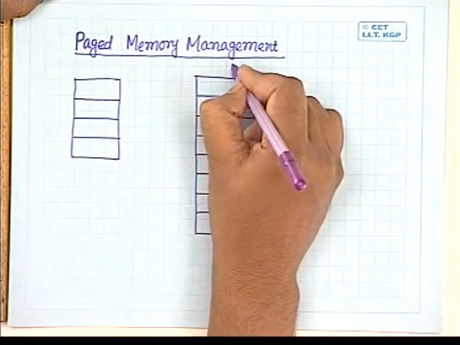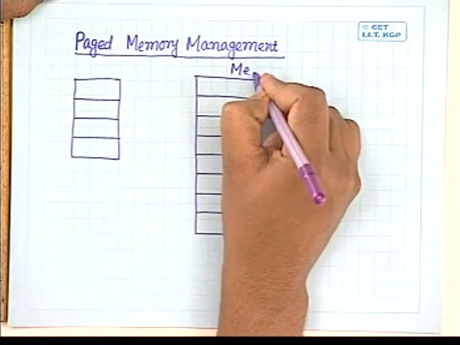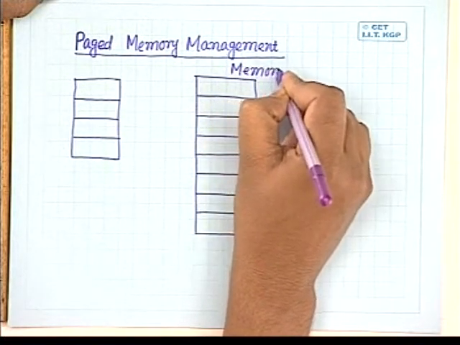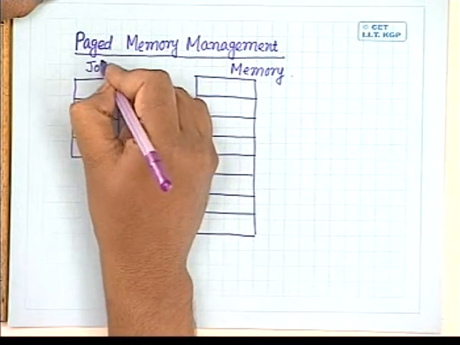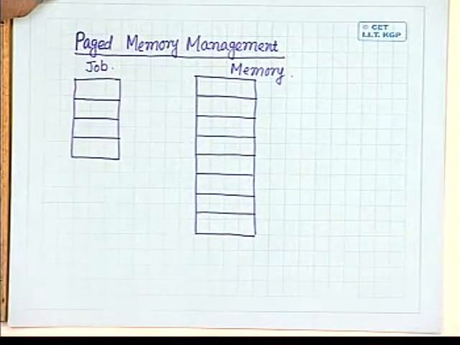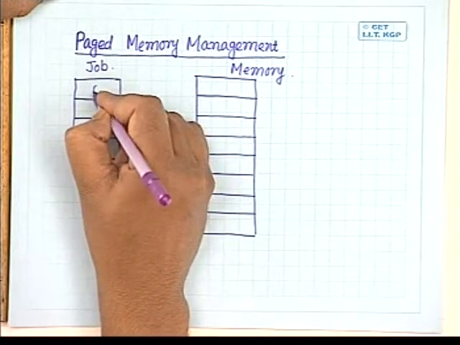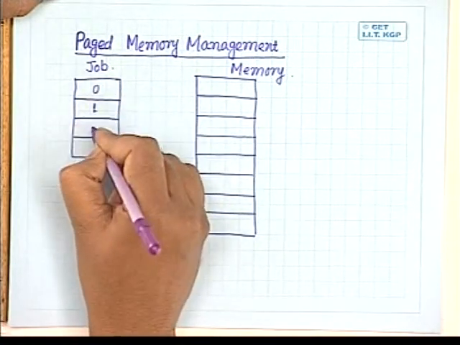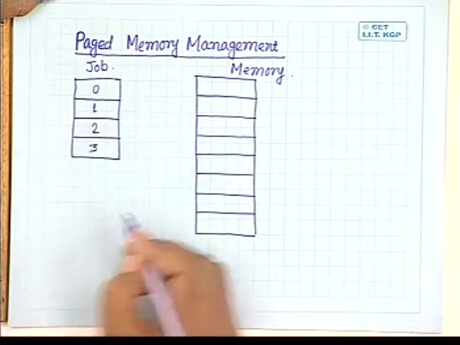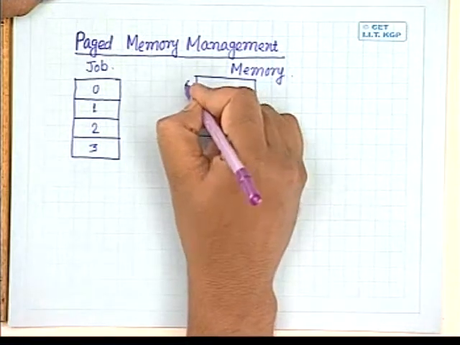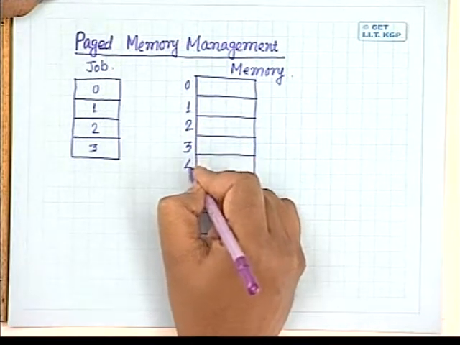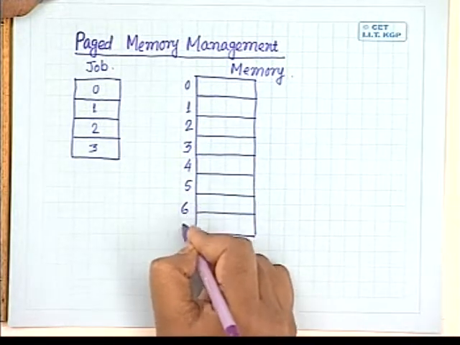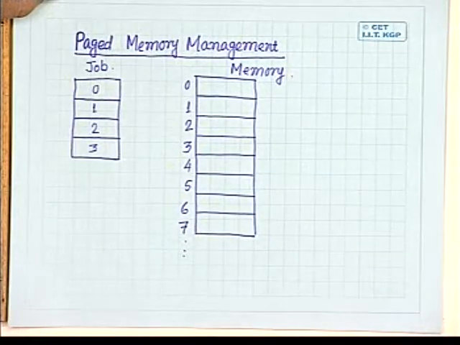So this is main memory, and this is the logical address space of a job. The pages will be numbered as 0, 1, 2, 3, and so on. Frames will also be numbered as 0, 1, 2, 3, 4, 5, 6, 7, and so on.